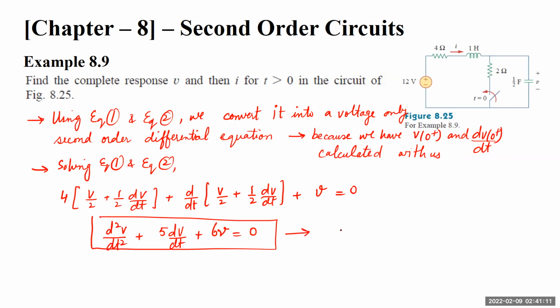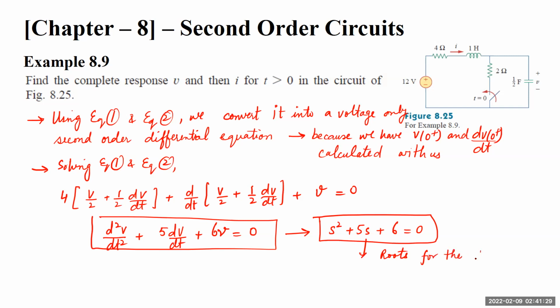So this can be written as s squared plus 5s plus 6 equal to 0. And we have seen how we write this in our previous lectures. Then we find the roots of the characteristic equation. So remember, this is the characteristic equation.